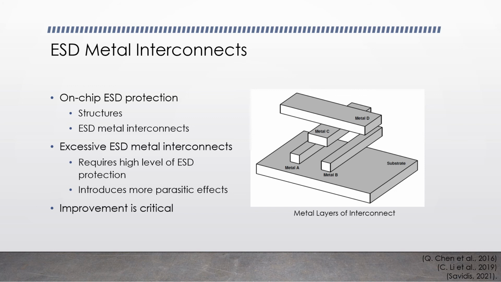In addition, excessive ESD metal interconnect required for robust ESD protection introduces more parasitic effects. Improvements over traditional AL or CU interconnects will be critical to hold chip ESD protection design.